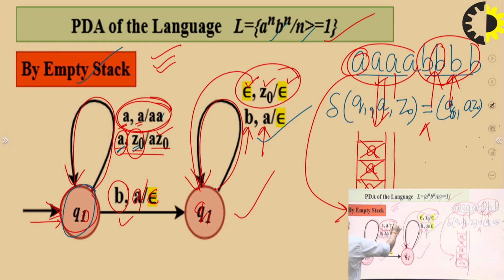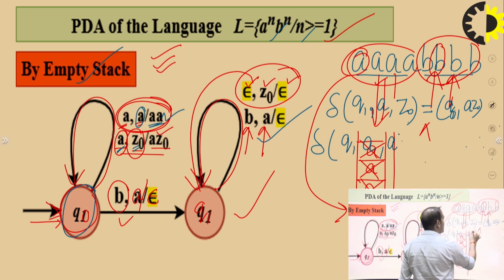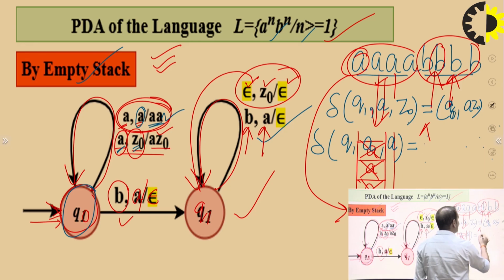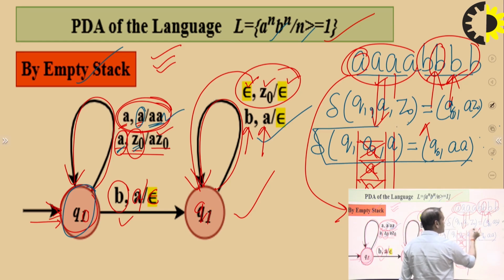Now the next transition function is input A, top of the stack A, and we have to write double A. That means delta of state Q1, input A, top of stack A, we have to write state Q1 comma double A. This is the next push operation.